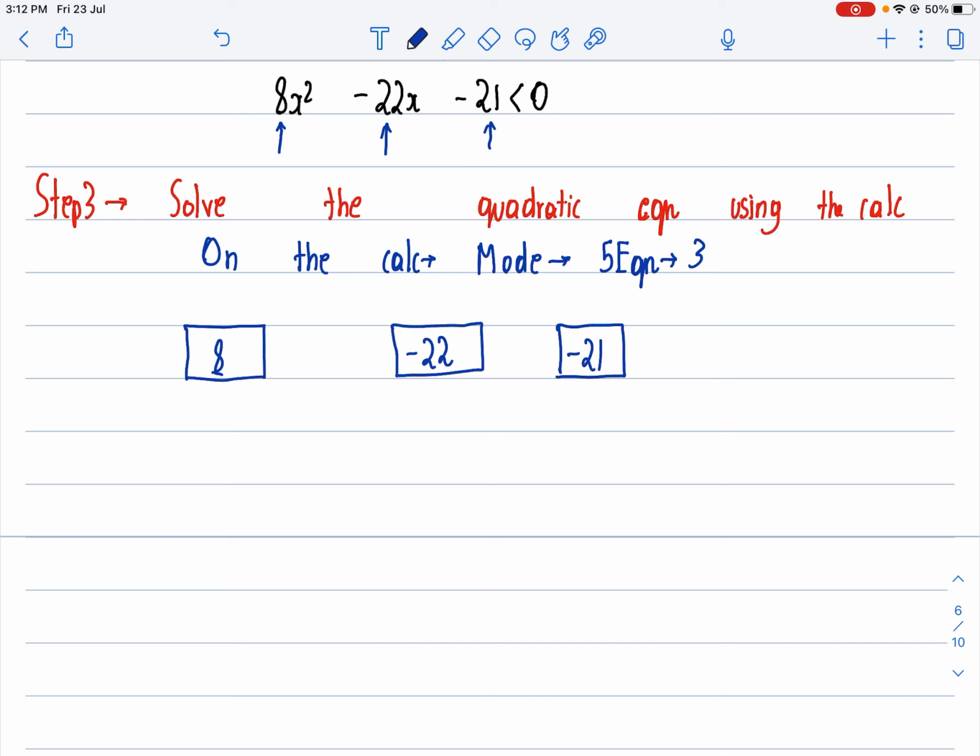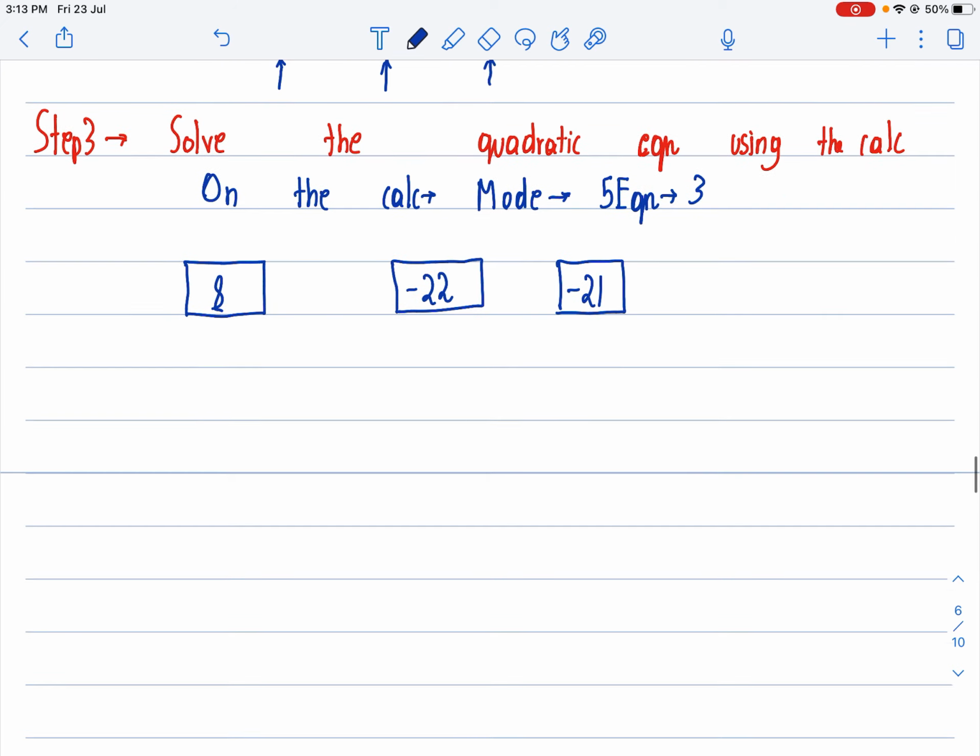When you plug in 8, minus 22, and minus 21, you get the critical values. You obtain something called critical values. Very important, please note this down, this is really important.